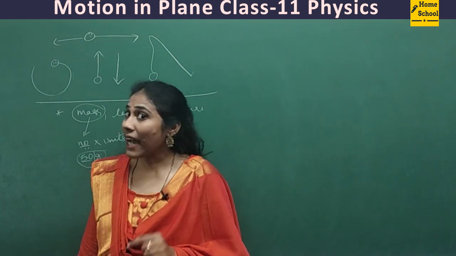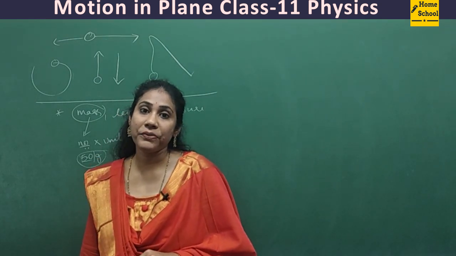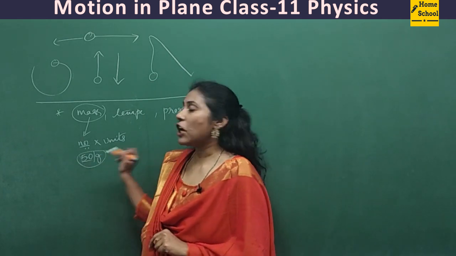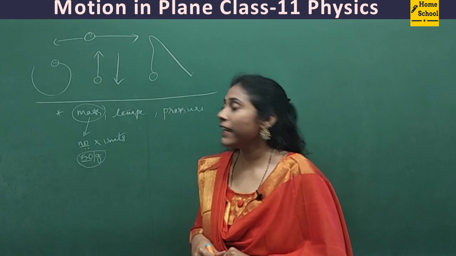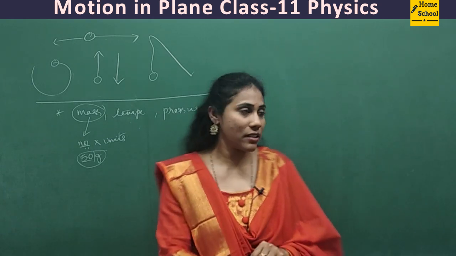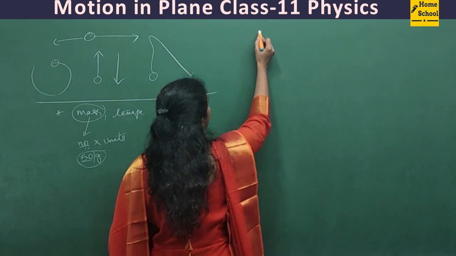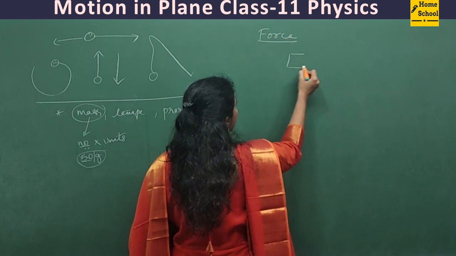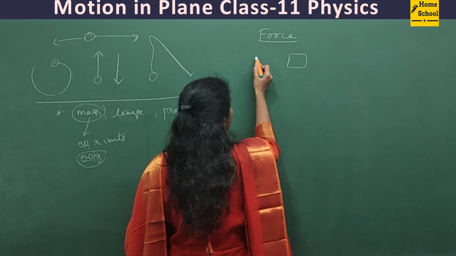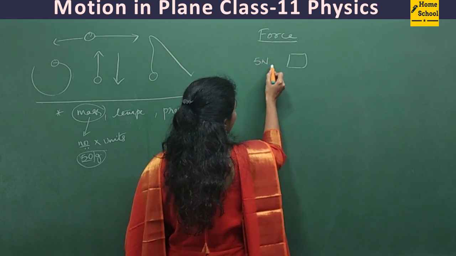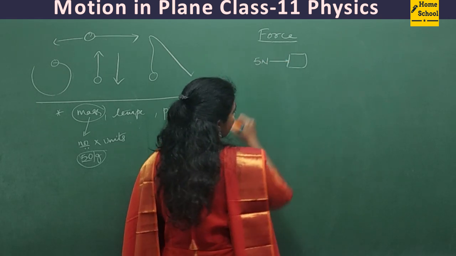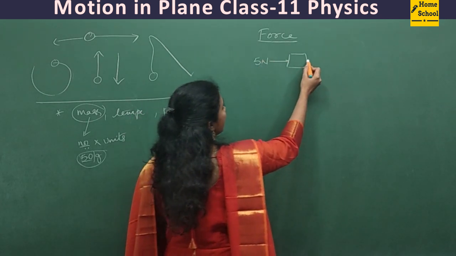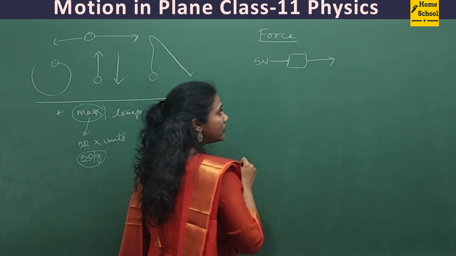But there are some physical quantities where this knowledge is not enough. For example, force. I have an object here and I apply a 5 Newton force on it. When you apply 5 Newton force, definitely the object will move.